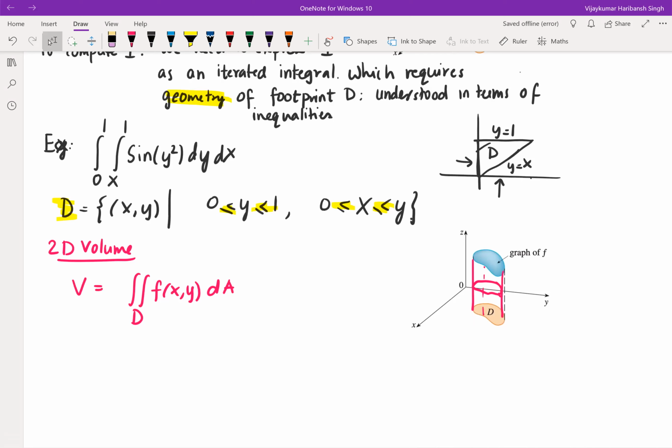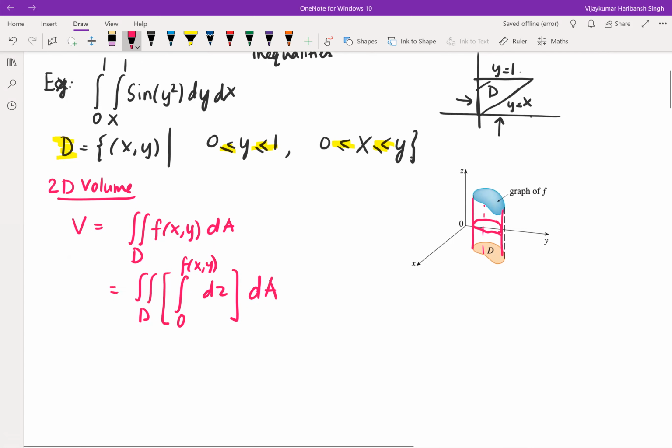Now that can be written as the integral over D of the integral from 0 to f of x, y of dz, dA. So you have essentially found the volume of this solid.